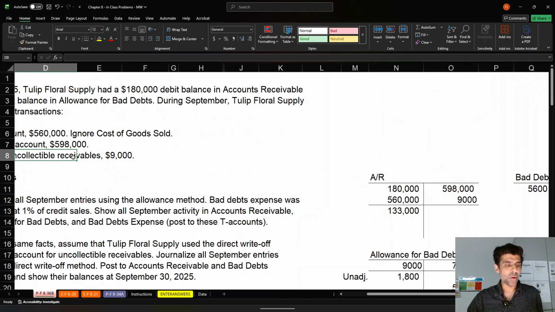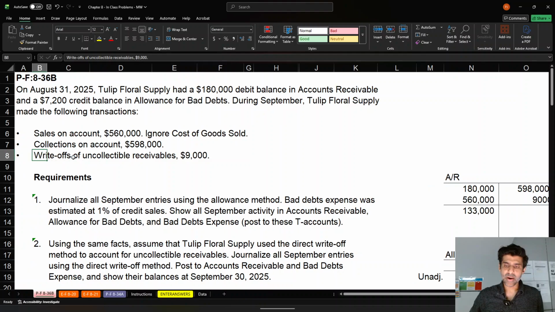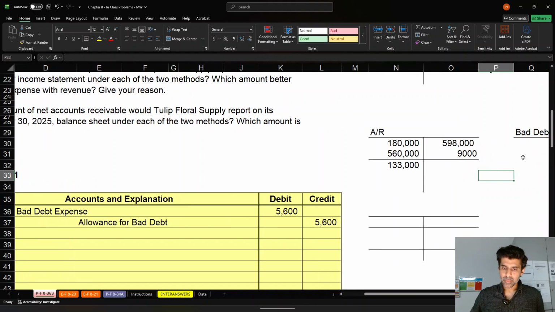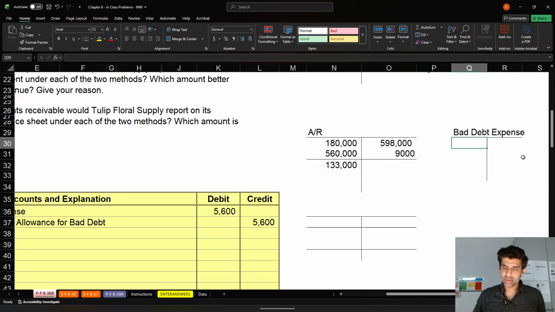Okay, what we're going to do instead is just directly write off account receivable. So this credit to account receivable is going to be the same, but we're going to just directly debit bad debt expense. That's really the change. Okay, because again, you're not using this intermediary piggy bank account of allowance for bad debt. You'll just directly write off the bad debt expense, and then there would be no adjusting entry. We would have no adjusting entry for direct write off method.